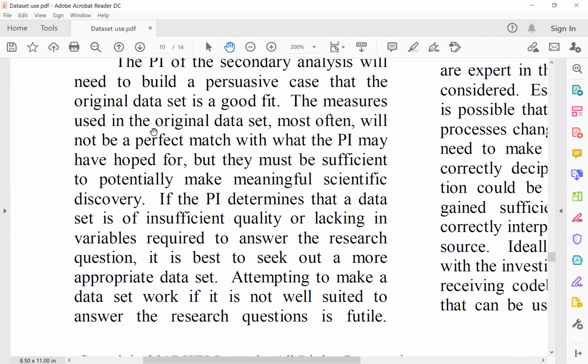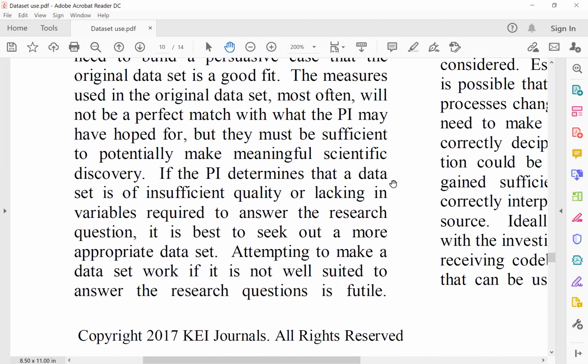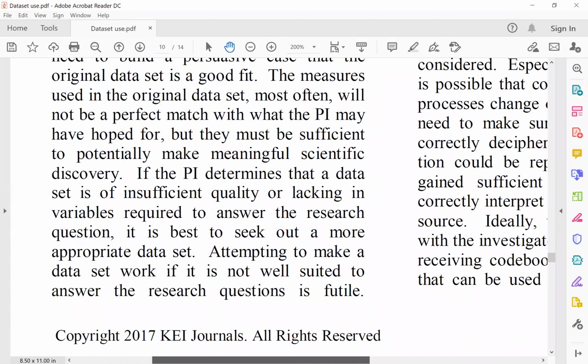The measures used in the original dataset most often will not be a perfect match with what the PI may have hoped for, but they may be sufficient, or they must be sufficient to potentially make meaningful scientific discovery. If the PI determines that a dataset is of insufficient quality or lacking variables required to answer the research question, it's best to seek out a more appropriate dataset.